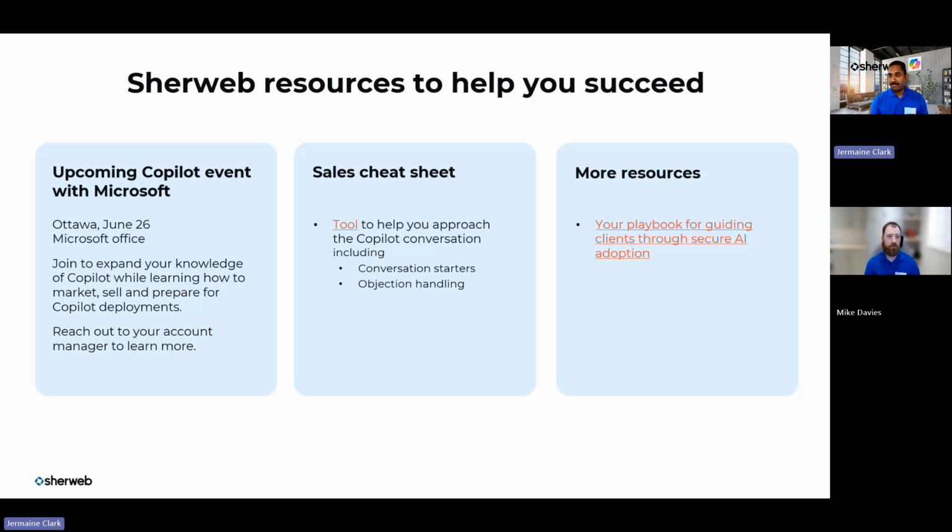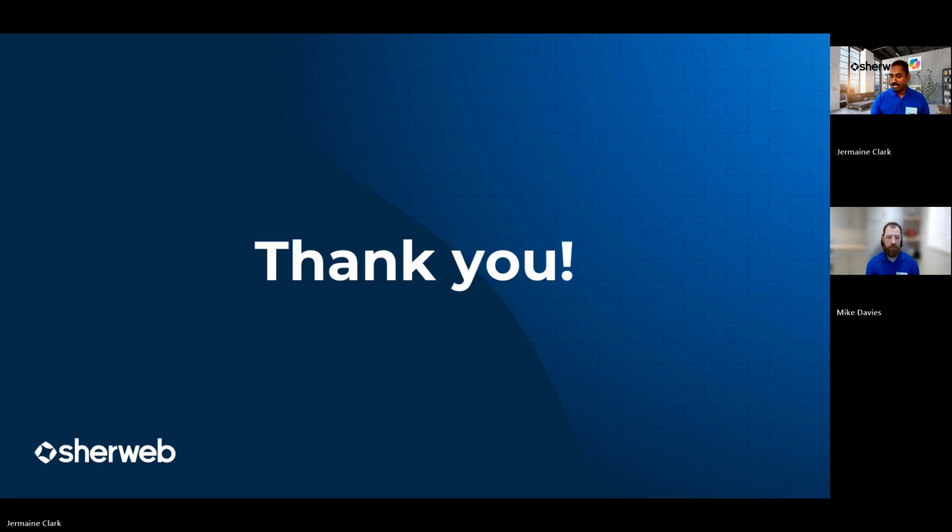There is a Microsoft-led Copilot event on June 26th at the Microsoft office in Ottawa. If you're available close by or otherwise, and you can make the date, it starts at 9 a.m. on the 26th and ends at 3. We'd love to be able to support you in moving forward with your knowledge on agents and Copilot.